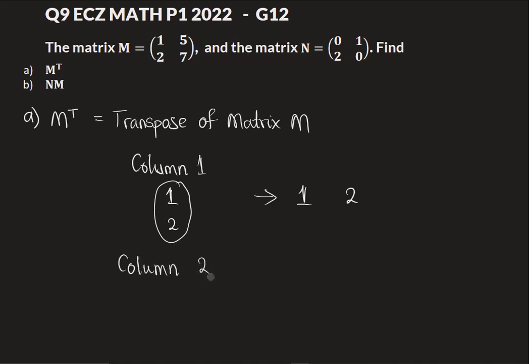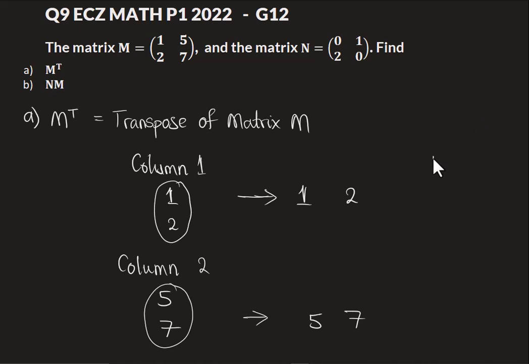Column 2 of M is 5, 7. So this is going to be written in this direction. And then we'll have 5, 7. So you can think of the columns becoming rows or vice versa. You can say the rows are becoming columns.